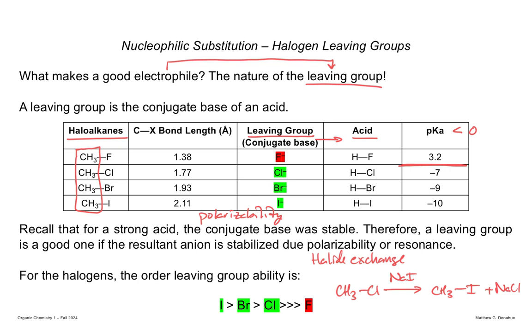So it occurs through SN2. So if you had chloromethane, you could treat that with sodium iodide to make iodomethane. And so you're exchanging one leaving group for another, so that you can then use the iodide as the better leaving group in a subsequent reaction.